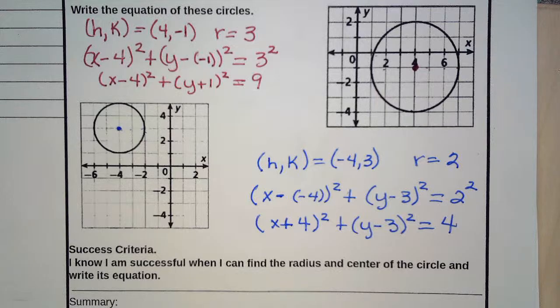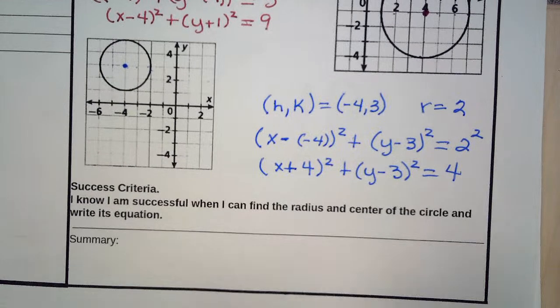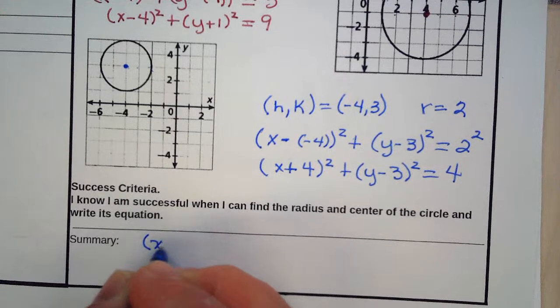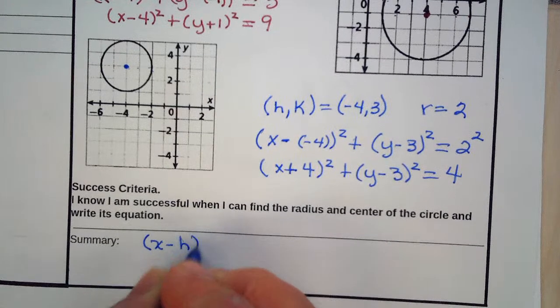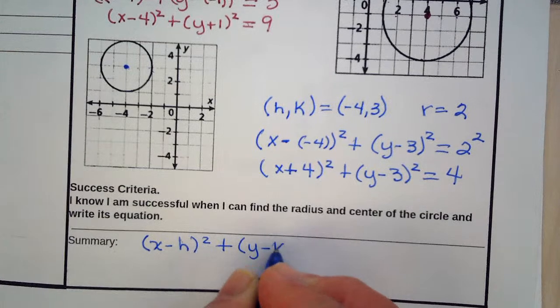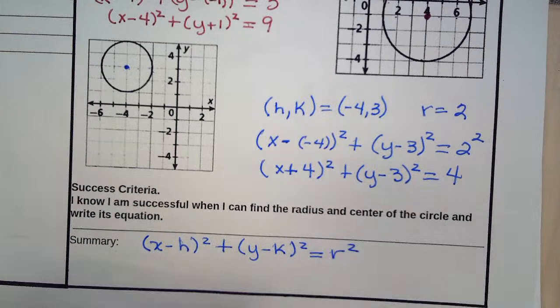How do you know when you're successful? When you can find the radius and center of a circle and write its equation. So remember, the equation is (x - h) quantity squared plus (y - k) quantity squared equals your radius squared.